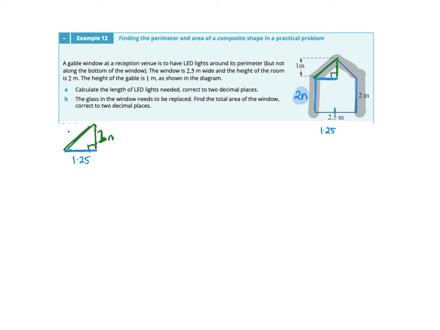So we can use Pythagoras to find out, because I'll call that little length C. So we know Pythagoras, C squared equals A squared plus B squared. So we're going to call this one A, this one B. And they were all meters, so we're going to write C squared equals 1.25 squared plus 1 squared. Then you're going to pop into the calculator, you're going to use solve, comma, C. They said to 2 decimal places, so I'll find this one to 2 decimal places, which is 1.60.